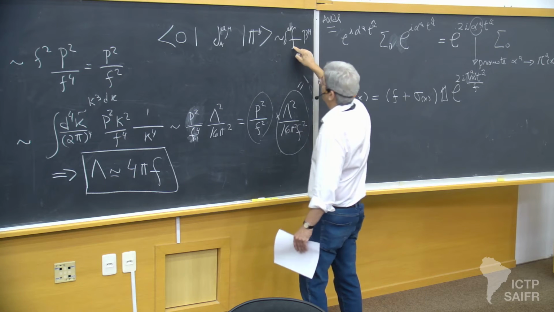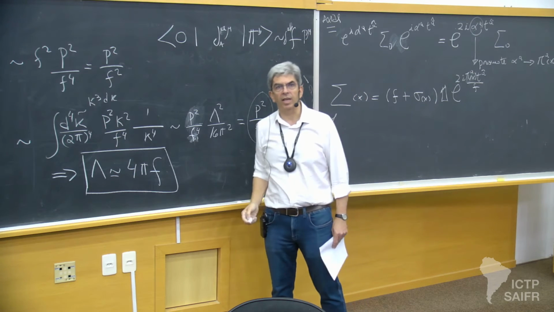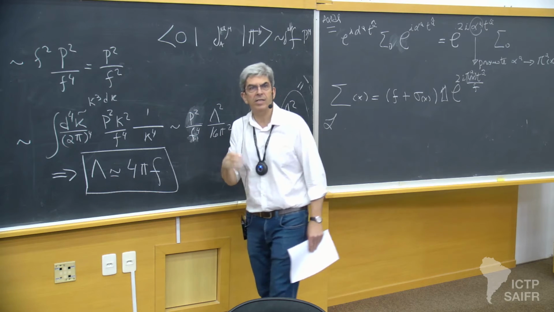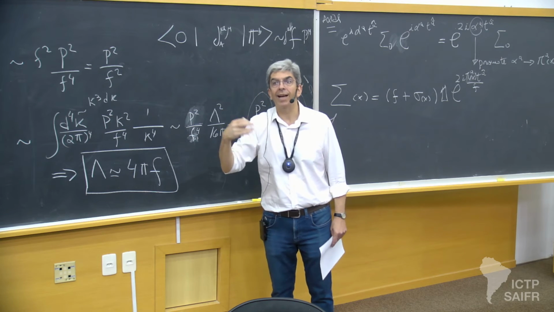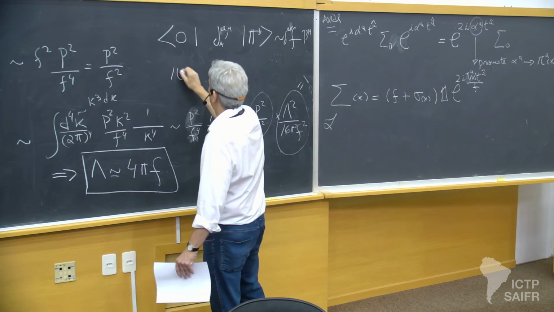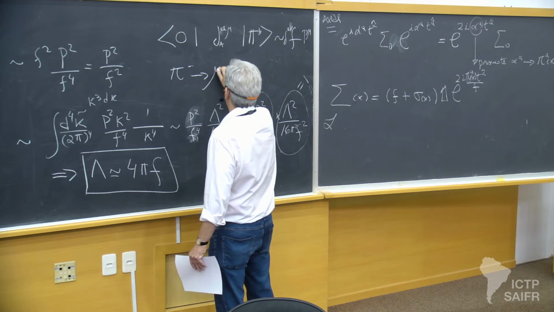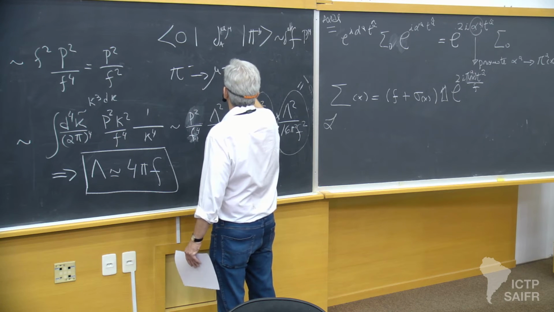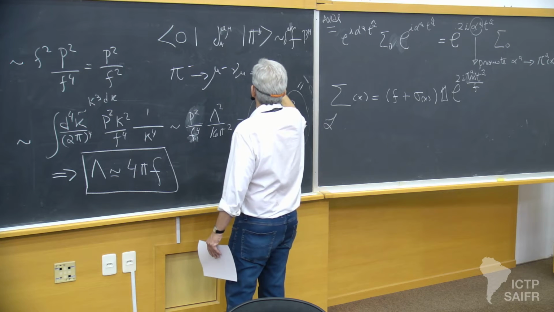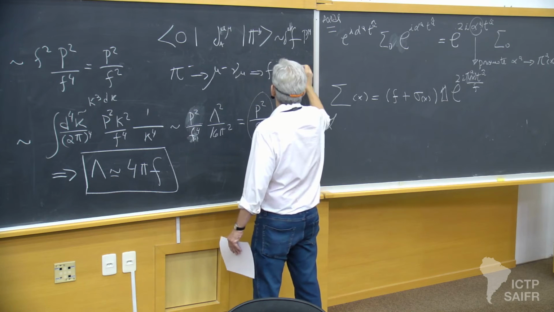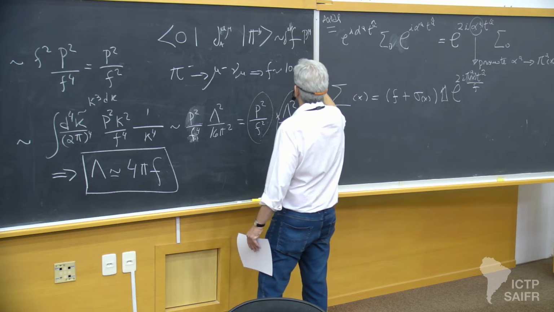And so f can be measured in pion decays. Pion decays to particles that are not hadrons. For example, pi going to mu and the neutrino of the muon implies f is approximately 100 MeV, okay?